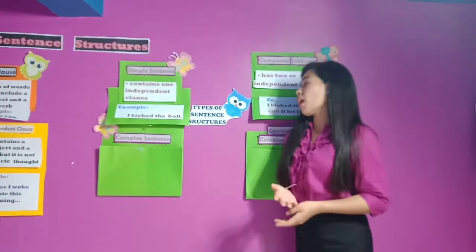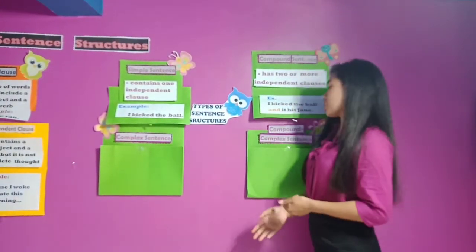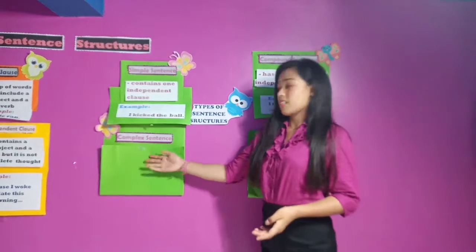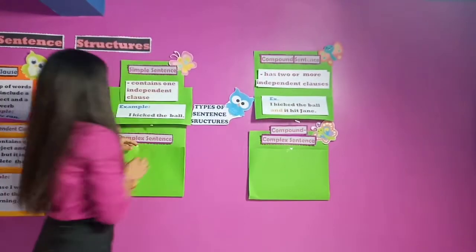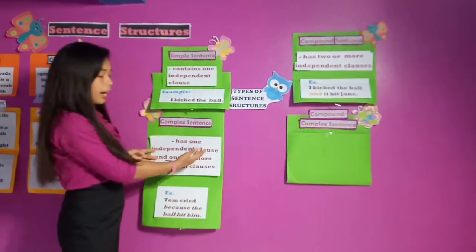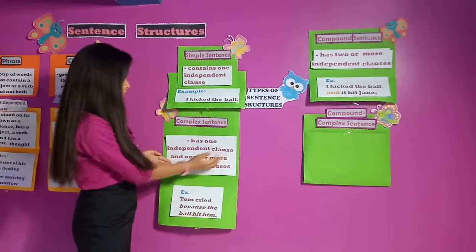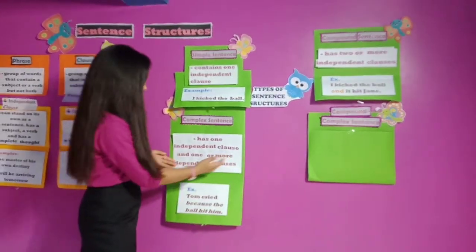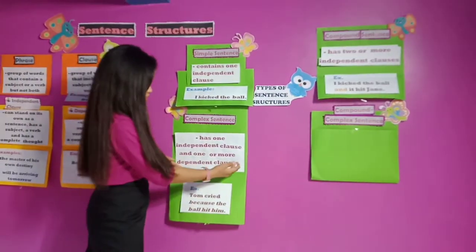And the third type of sentence structure is the complex sentence. A complex sentence has one independent clause and one or more dependent clauses.